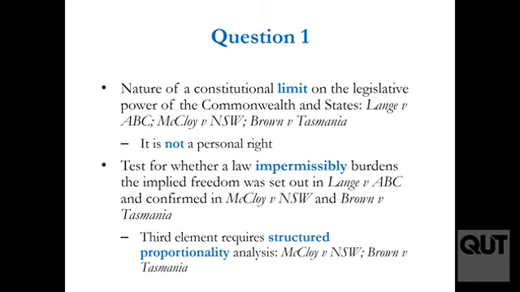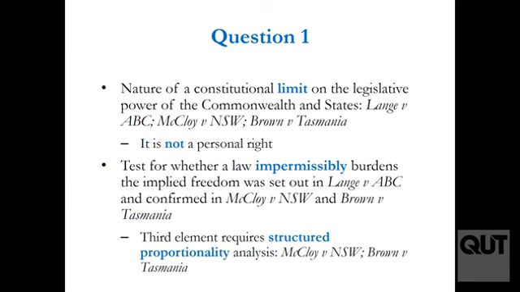The court has conceptualised it as a limit that is necessary to protect the operation of the democratic system in Australia as a whole. Now, the test for whether a law impermissibly burdens the implied freedom, as I mentioned, was first set out in the case of Lange v ABC.